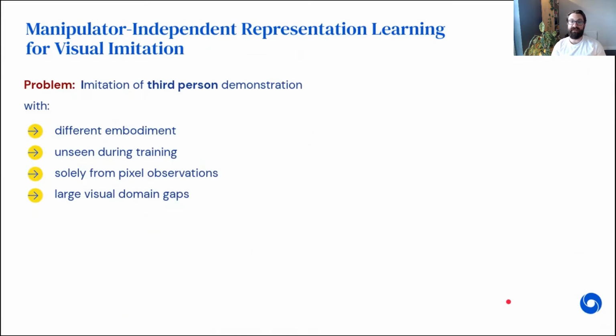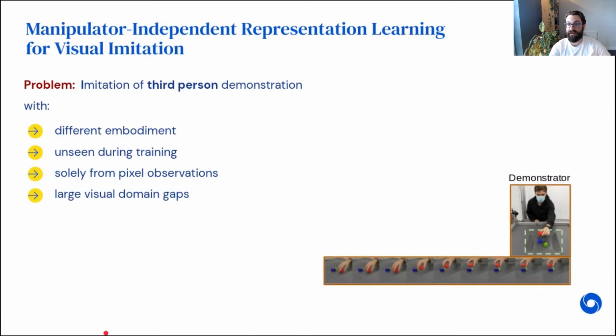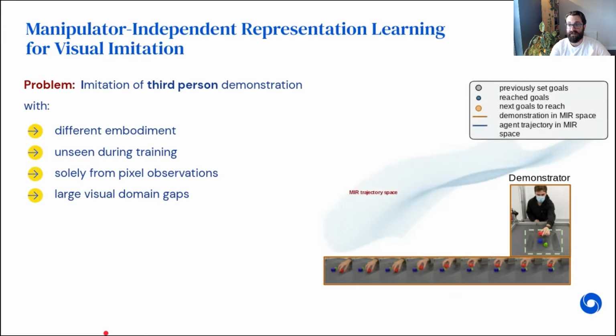So our problem is imitation of third-person demonstrations with different embodiments that are unseen during training, and demonstrations that are unseen during training, solely from pixel observations and with potentially large visual domain gaps. We start from a demonstrator providing a sequence of behavior, and from that behavior, we slowly track frames that are embedded in a manipulator-independent representation space.